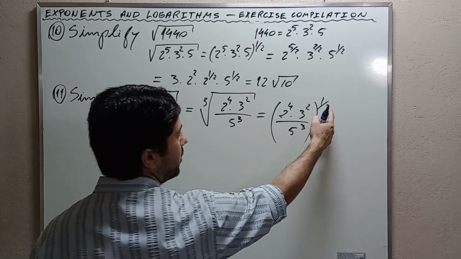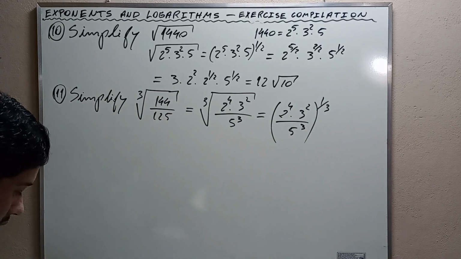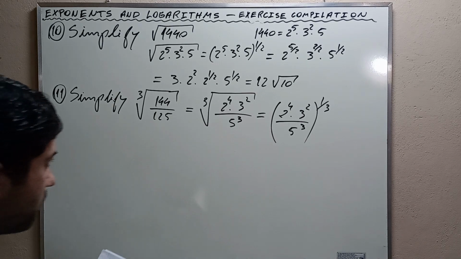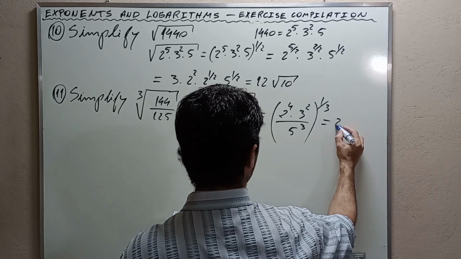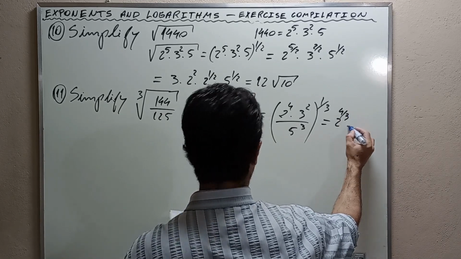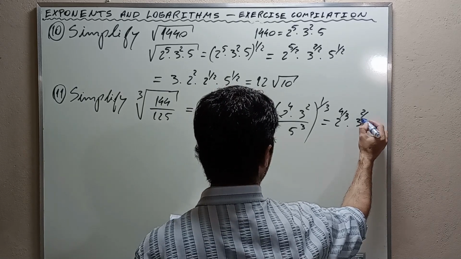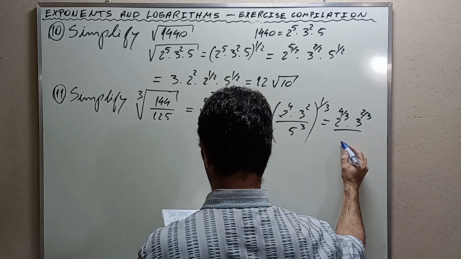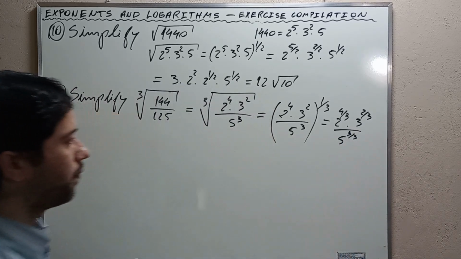And this by this becomes 3 thirds. And in this way, we find 2 to the 4 thirds times 3 to the 2 thirds divided by 5 to the 3 thirds.